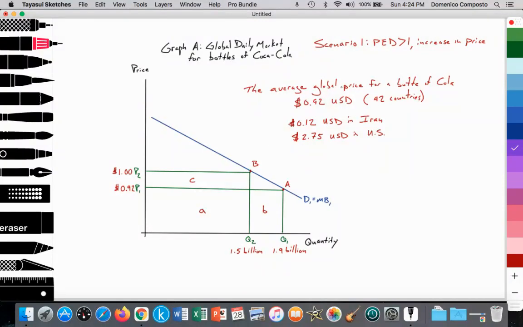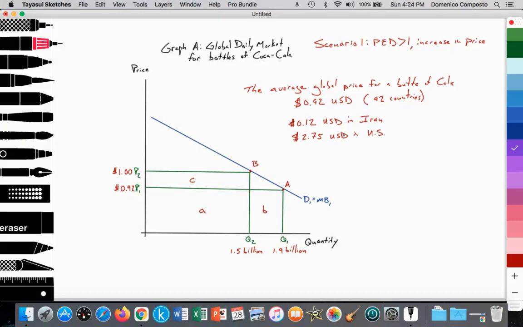And using some data, according to the sources that I looked at, the average global price for a bottle of cola is 92 cents in US dollars. That was from looking at 92 countries. The lowest price of Coca Cola is 12 cents in Iran, with the highest being $2.75 on average in the United States.